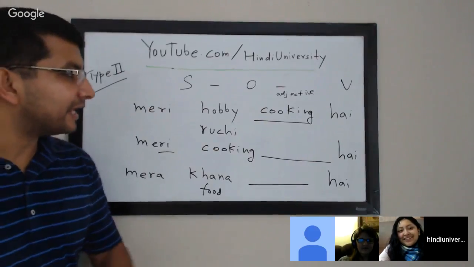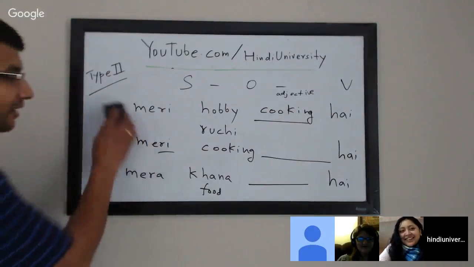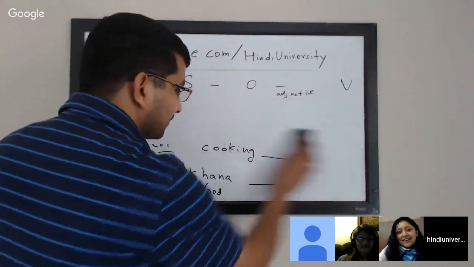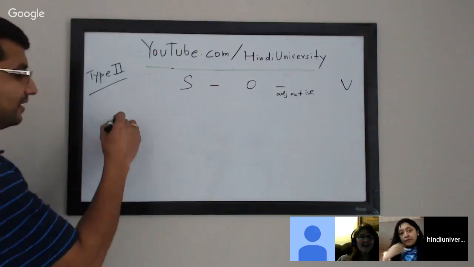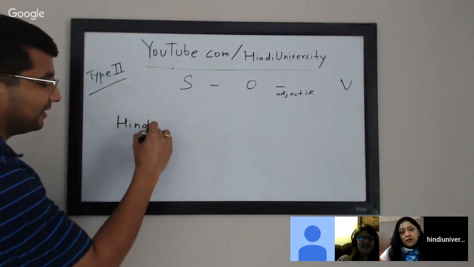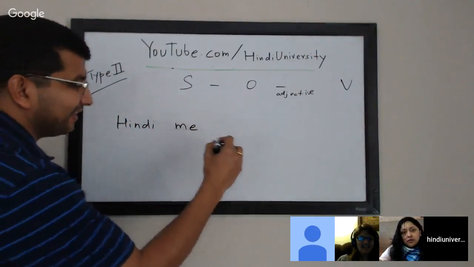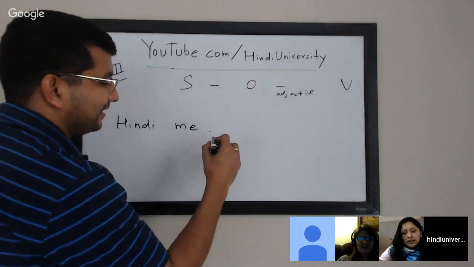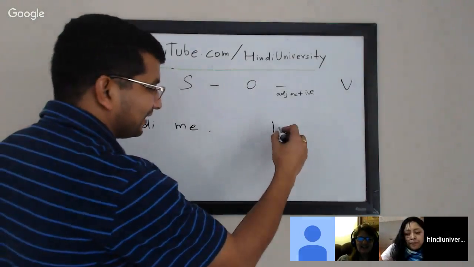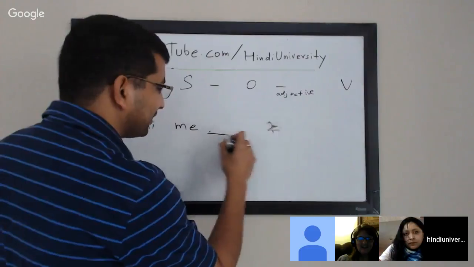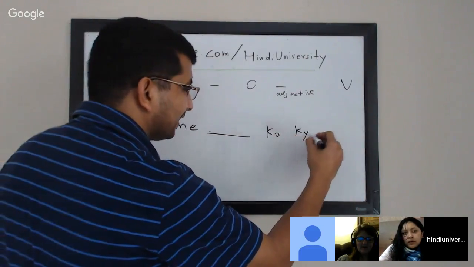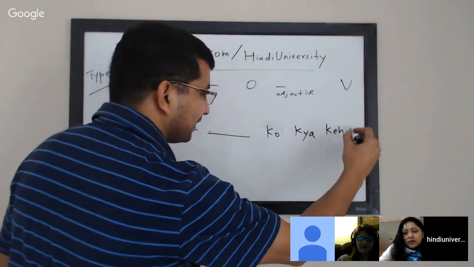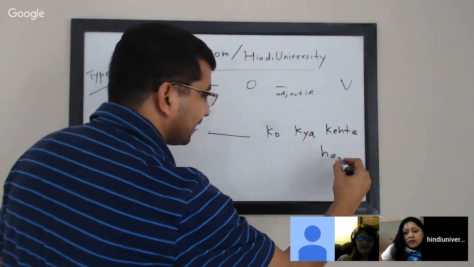Okay, and then as I said, you always have the formula, and you remember the formula, Liz G? How do you say the formula? हिंदी में को क्या कहते हैं? Okay, so you will write down here, हिंदी में को क्या कहते हैं.